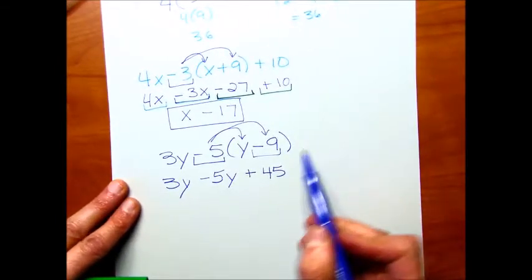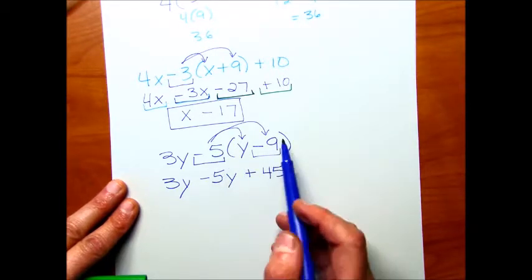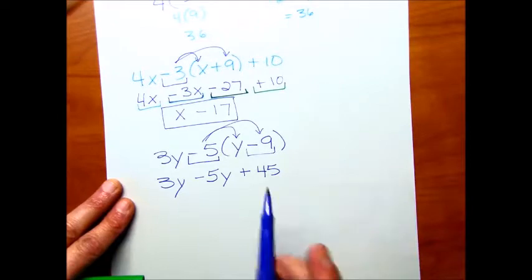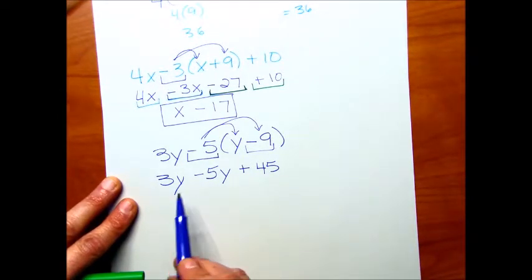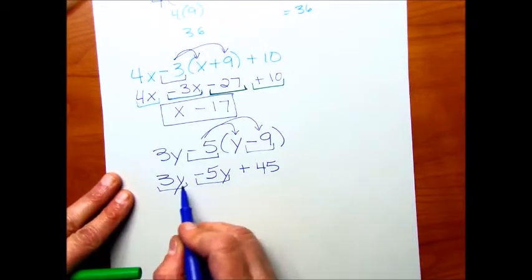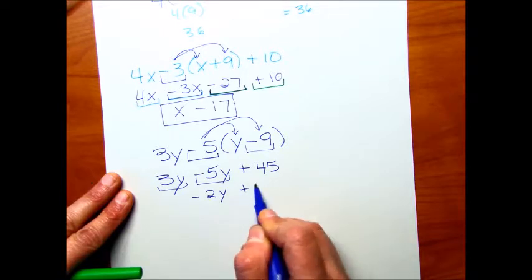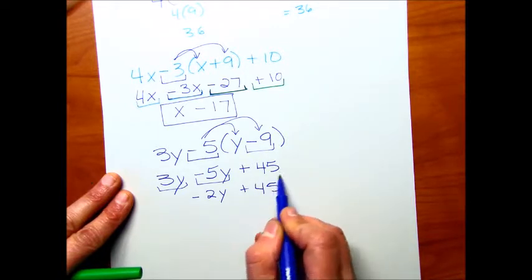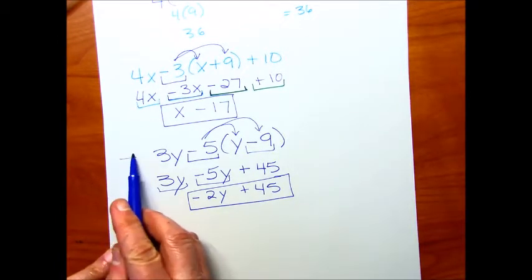So if you're a little fuzzy on the multiplication rules with integers, go back and review one of those videos, and that will help you out. Now we can combine like terms, because here I have a 3y and a negative 5y. Those are similar terms, so I'm going to combine them, and I'm going to get a negative 2y, and then I have my 45. So this would be the simplified expression of this much larger expression.